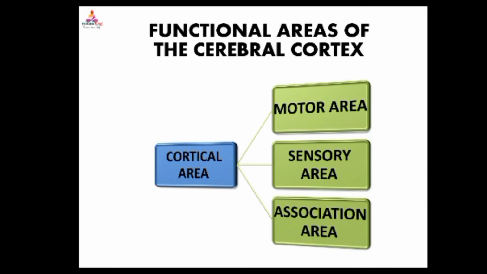Types of cortical areas. According to the classical teaching, the cerebral cortex possesses three types of functional areas: motor area, sensory area, and association areas. Motor areas are primarily concerned with motor functions and give origin to the projection fibers which form corticospinal and corticonuclear tracts.